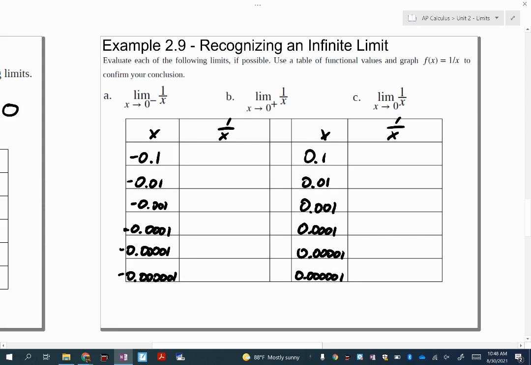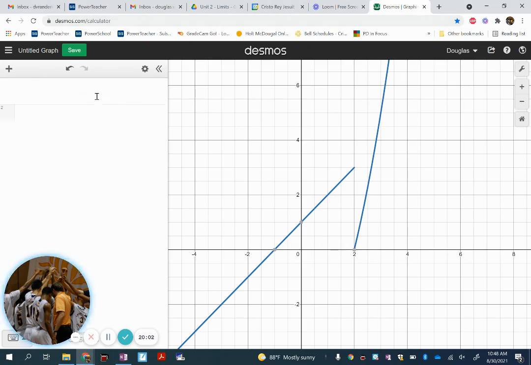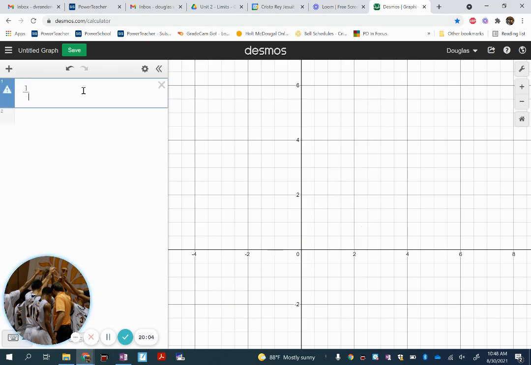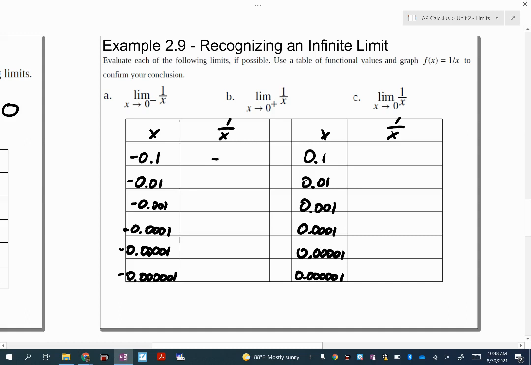Let's plug in and see what happens as we're plugging in 1 over negative 0.1. That's negative 10. You're going to see what happens as I keep doing this: negative 100, negative 1,000, negative 10,000, negative 100,000, and finally negative 1 million.